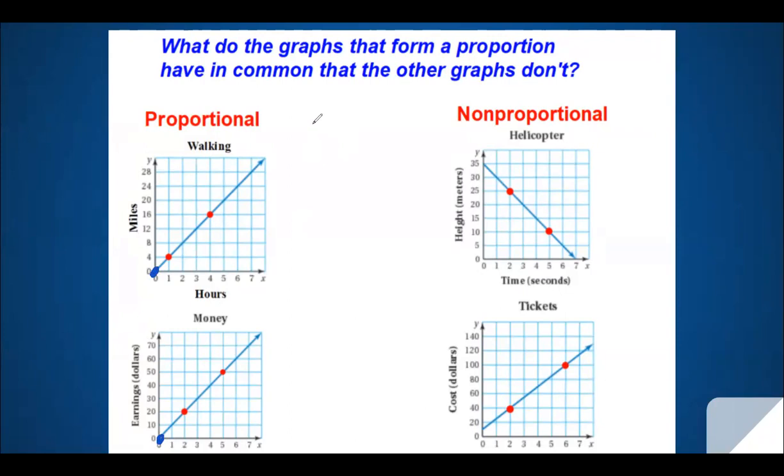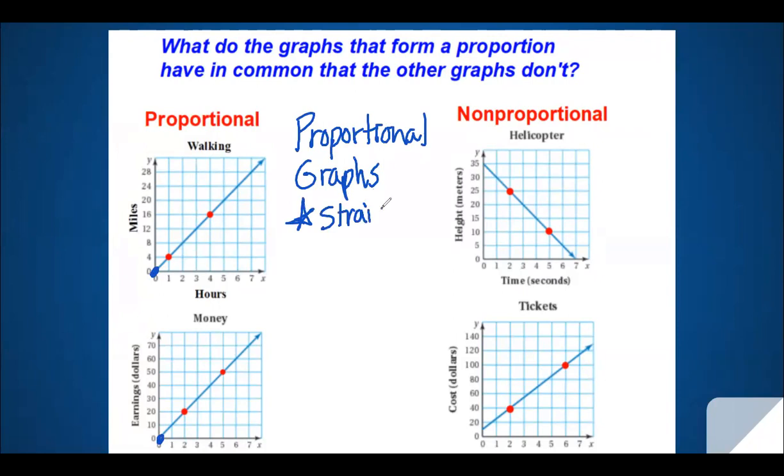So in your notebooks, proportional graphs have 2 main characteristics. They are straight. In other words, they're linear. And they pass through the origin.